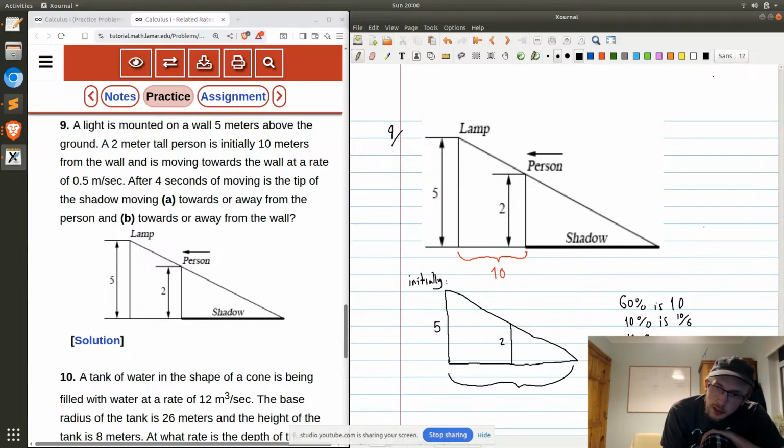So 100% is 100 over 6, which is 16 2/3. That's 10 there. And that's 6 2/3. That's what I think anyway.